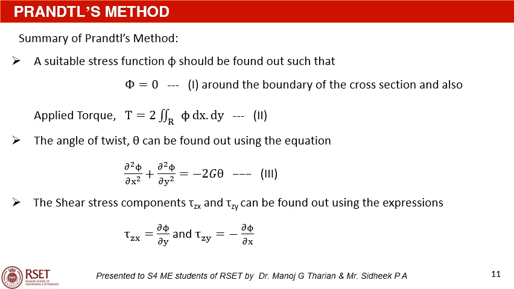Once a suitable stress function φ which satisfies conditions 1 and 2 is found, the angle of twist theta can be found using the equation ∂²φ/∂x² + ∂²φ/∂y² = −2Gθ. Also, the shear stress components tau zx and tau zy can be found using the expressions tau zx = ∂φ/∂y and tau zy = −∂φ/∂x.